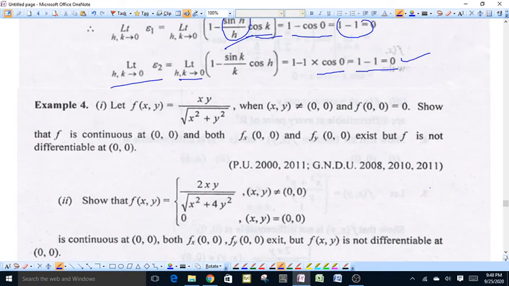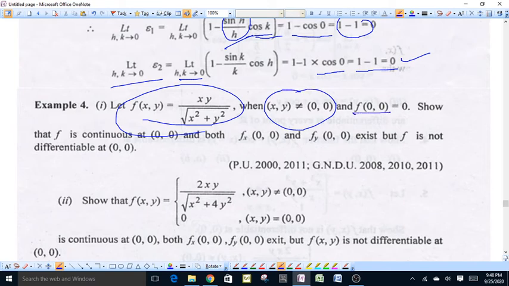Now see this example. We have f(x, y) = xy / √(x² + y²) when (x, y) is not equal to (0, 0), and the value of the function at (0, 0) is equal to 0. Then we have to show that f is continuous at (0, 0) and both partial derivatives at (0, 0) exist, but f is not differentiable at (0, 0).